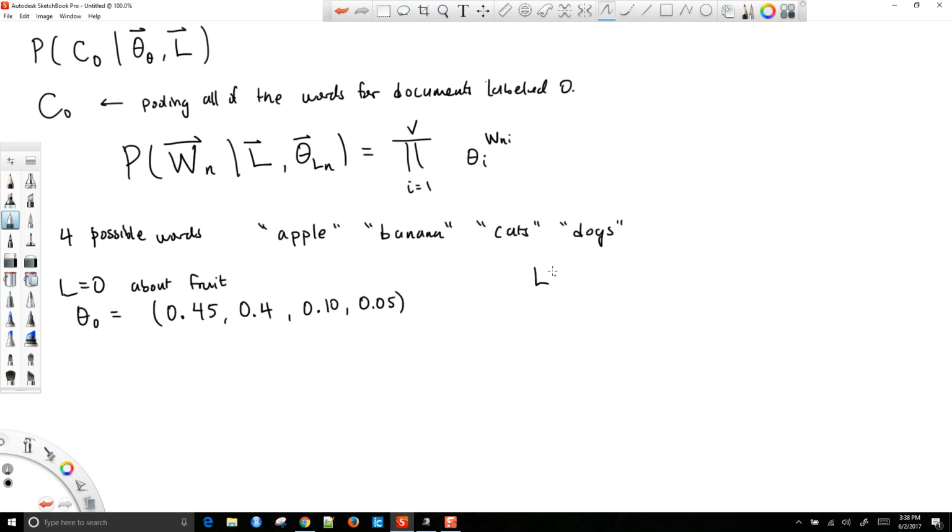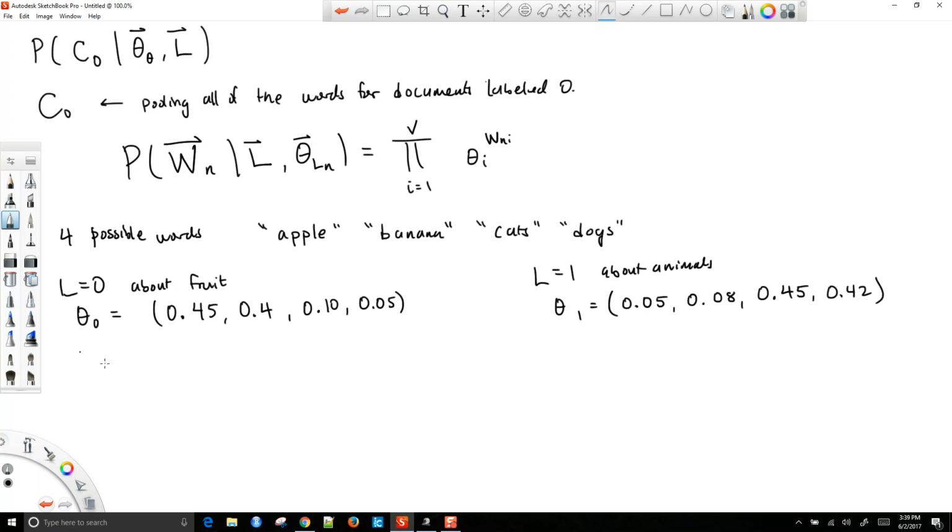And then if label is equal to 1, it's about animals. This is like the dumbest example, but I hope it illustrates what I'm talking about here. And we might say, well, if it's about animals, we're going to see apples only a little bit, and maybe we'll see bananas a little bit more, and then we'll see lots of mentions of cats and lots of mentions of dogs, or something like this, okay?